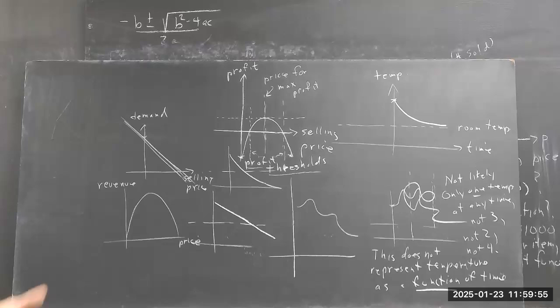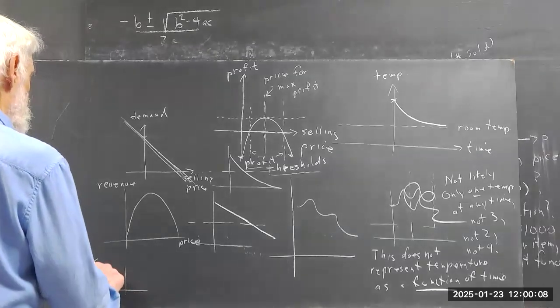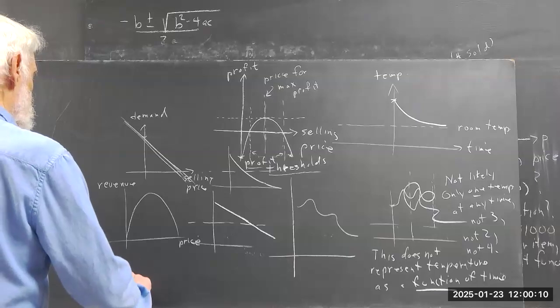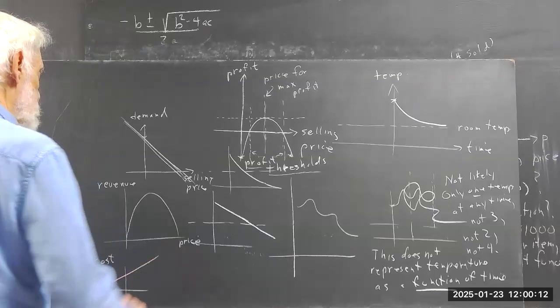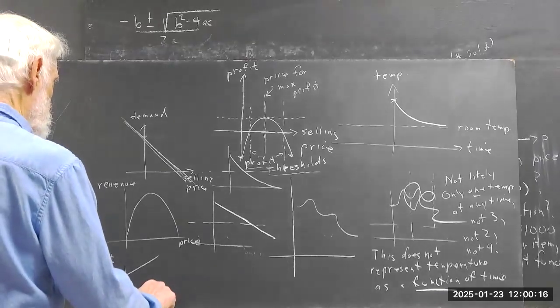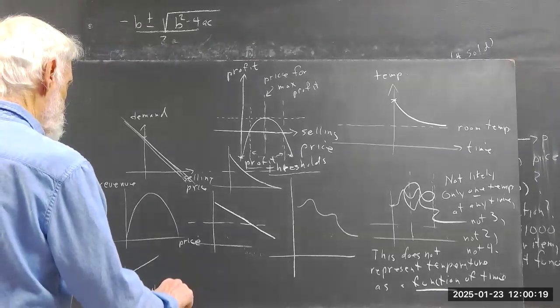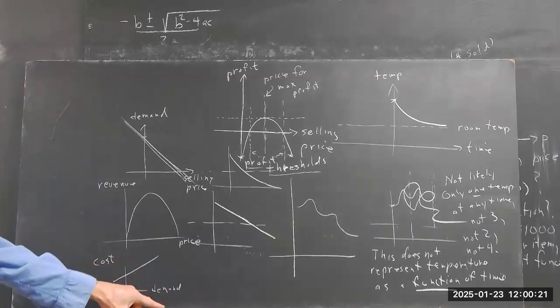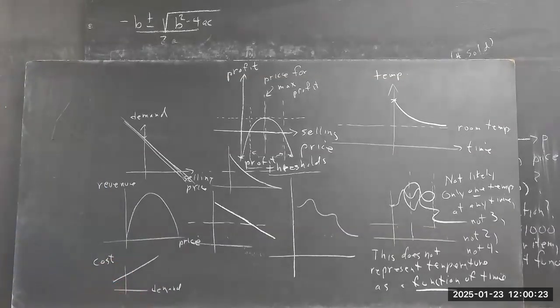Now, that's not your profit because it costs you something to make these things, right? So you also have your cost function, which has another graph. So your cost function might well be something like this. Here's your cost, here's your demand. Okay.